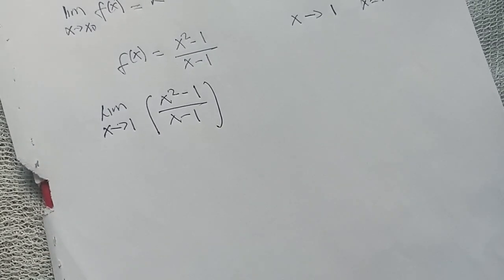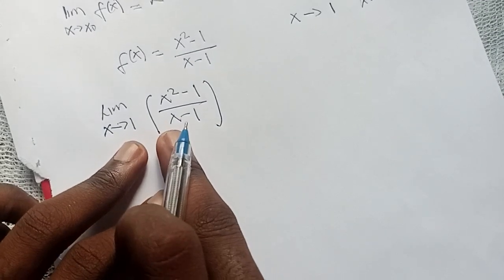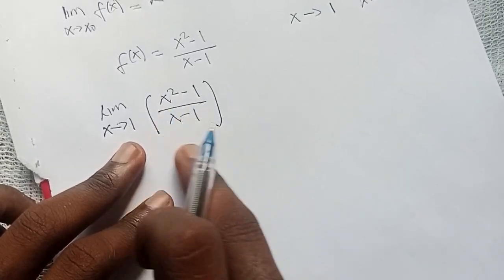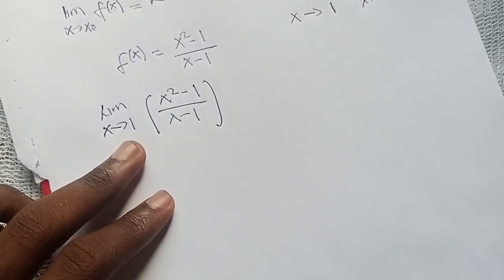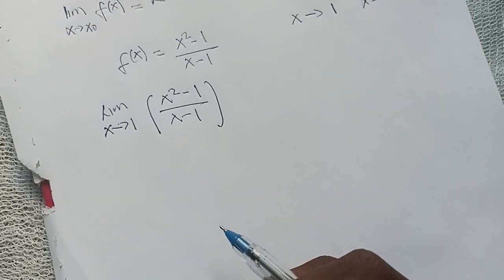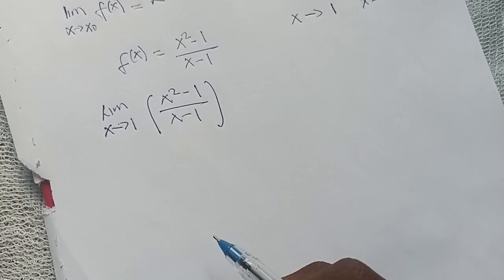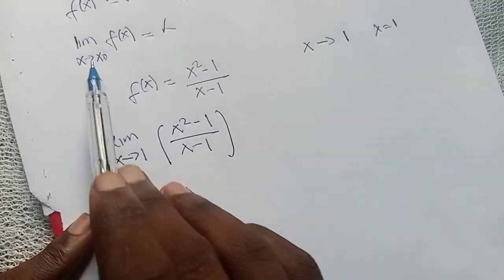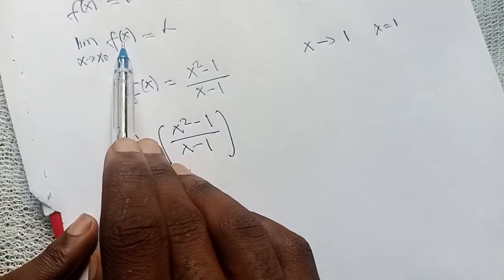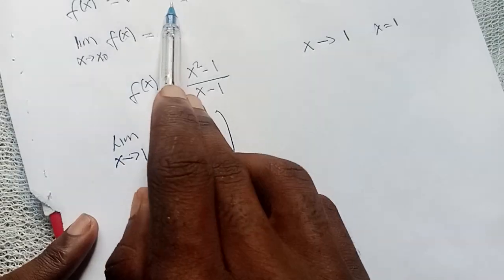So if you substitute 1 where there is x, you can see that you have a denominator which is 0, and that's indeterminate, or I can say that's undefined. So now you have to do something to manipulate that function, and then you can find the limit. That limit which you are finding is L, just like defined in the definition, where the limit of f of x as x approaches x naught, you get that limit.